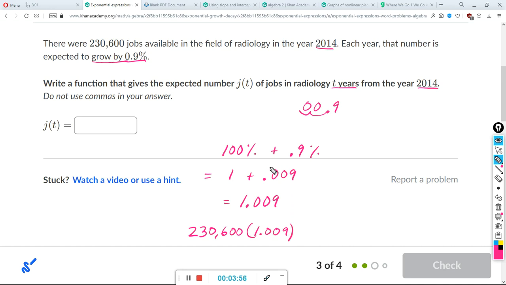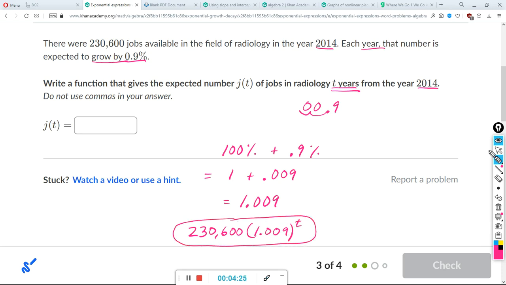Okay? And the number of years is represented by t. So each year it goes up by 0.9%. So instead of just multiplying by this number over and over again, we just raise it to the power of t. Since t represents years, every time a year increases, it gets multiplied by this an additional time.